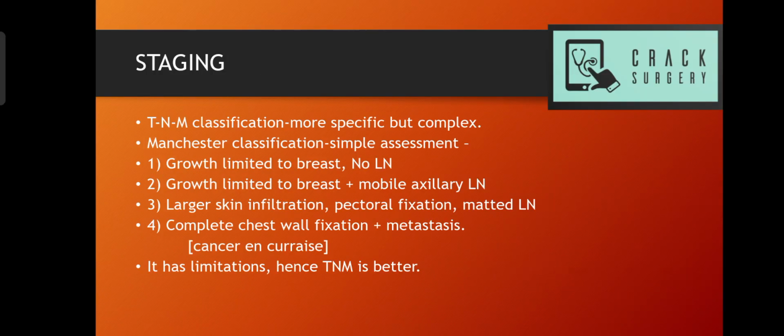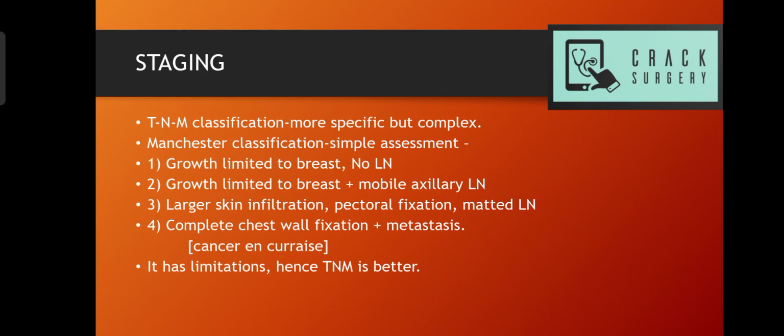Staging. The TNM classification is more specific but very complicated. Manchester classification is simple and easy to assess. The first is growth limited to the breast, with no lymph node palpable. Second is growth limited to the breast, but there is a mobile axillary lymph node on palpation.